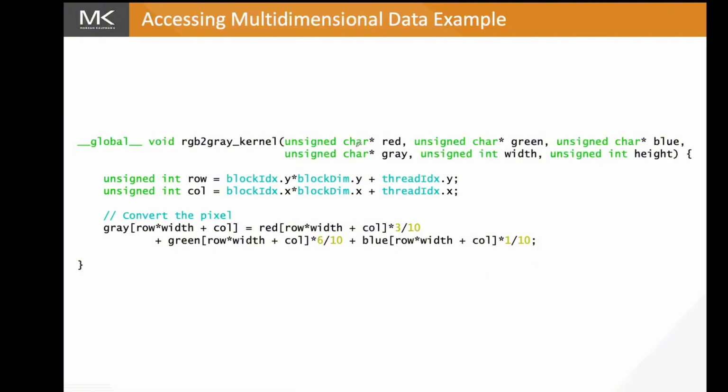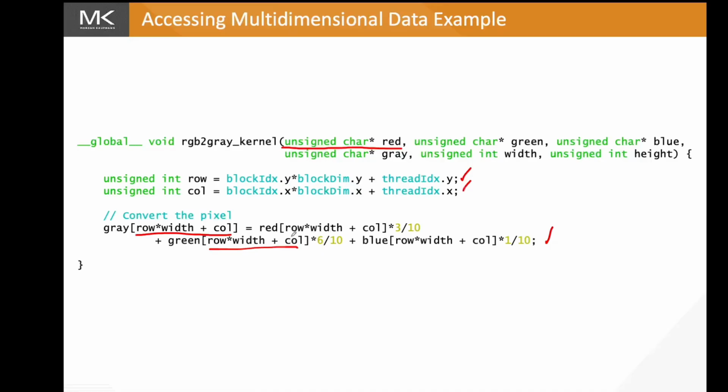So now we know that these channels are 2-dimensional arrays, but we stored them in one-dimensional arrays. That's why we have this indexing system here, right? We identified the global row index and the column index of our threads, and then here we just need to calculate the gray value of the colored pixel.